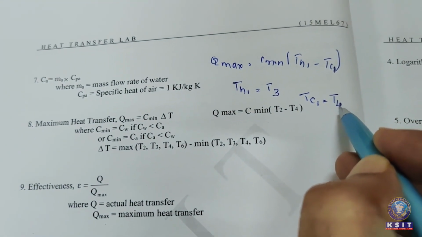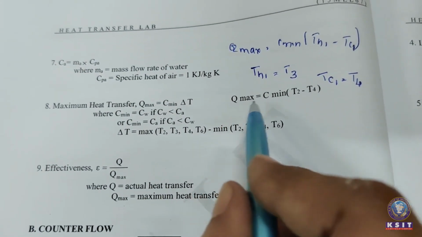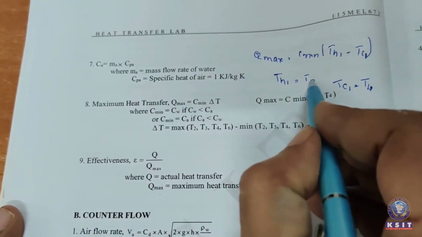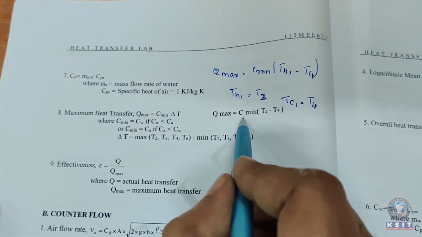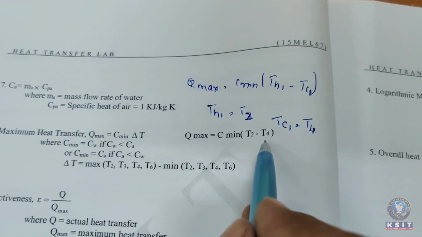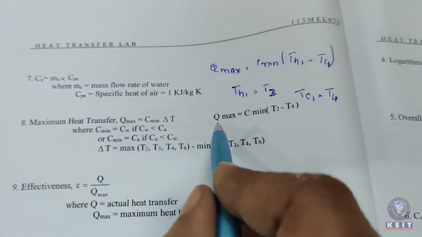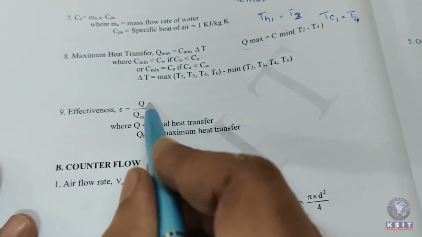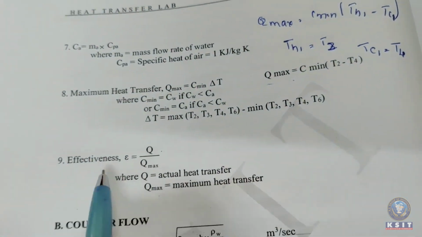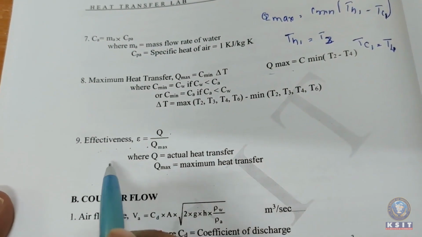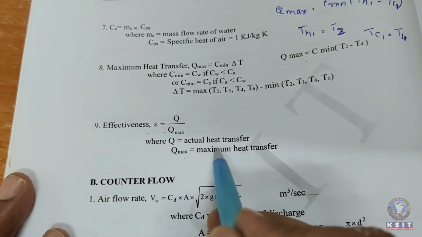TC1 equals T4. Now maximum heat transfer equals C minimum times T2 minus T4. So you calculate the maximum heat transfer and you know the actual heat transfer, you calculate the effectiveness of the heat exchanger for a parallel flow heat exchanger.